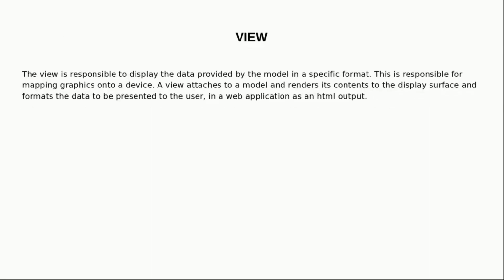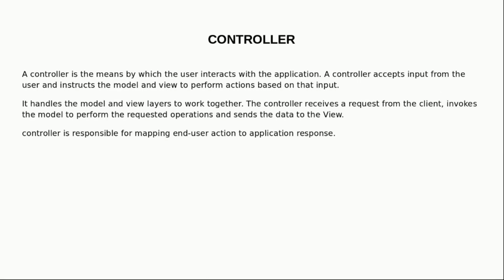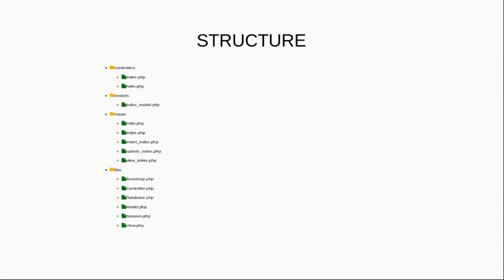Your view deals with the presentation layer and what you are going to see on your application, and the controller helps to link your view and your model together for a smooth functioning of the application. So this is an example of how an MVC project will look like.